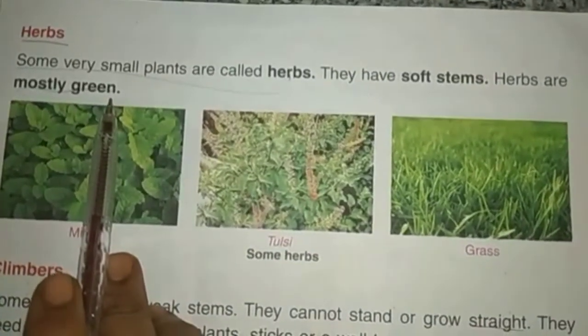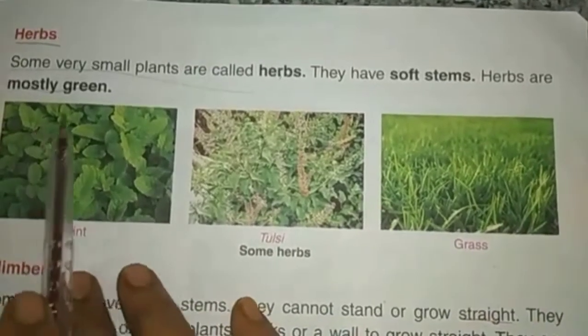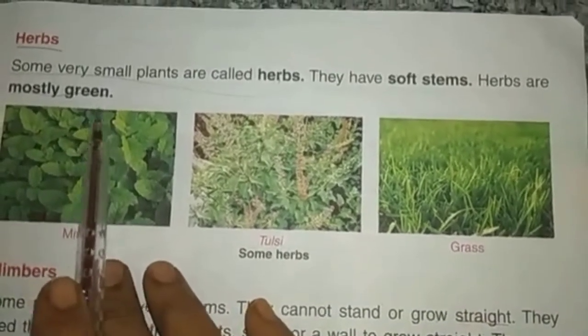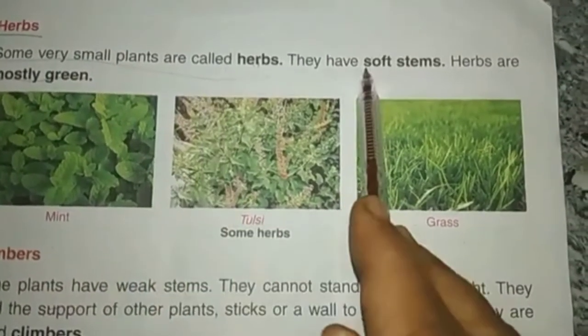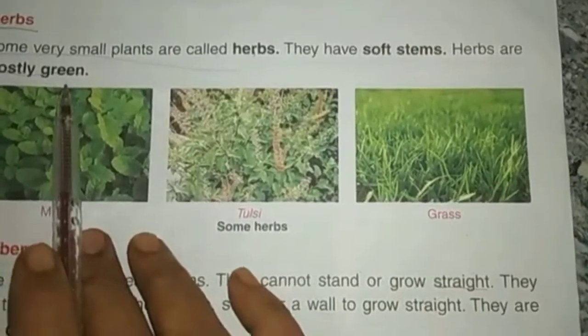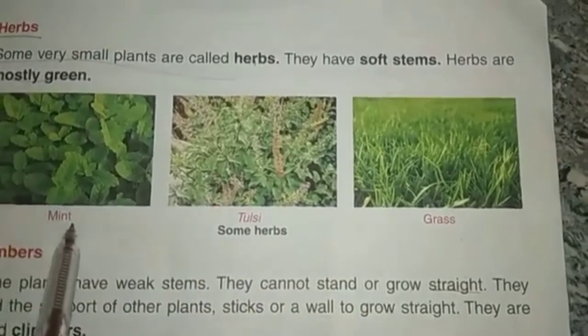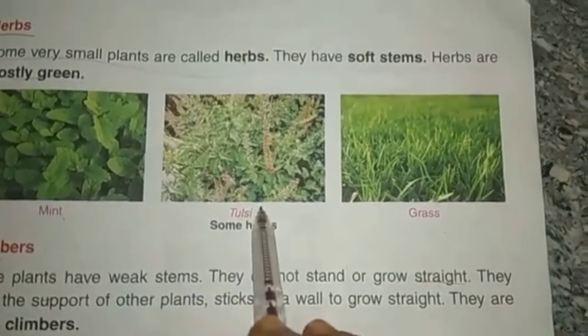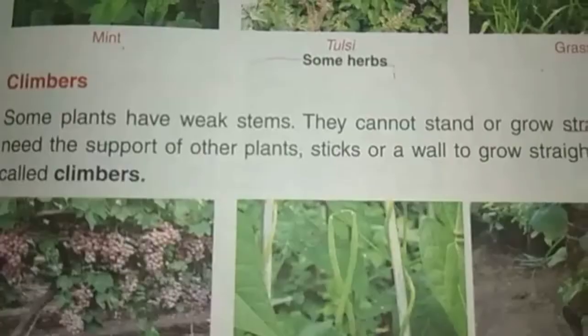Herbs are mostly green. So herbs are very small plants. They have soft stems and are mostly green in color. For example, mint, tulsi, grass are some herbs.